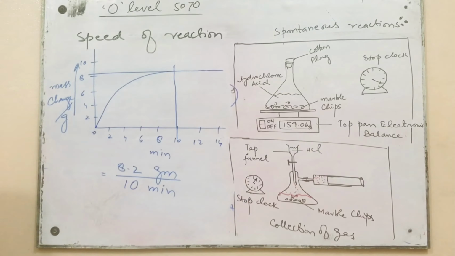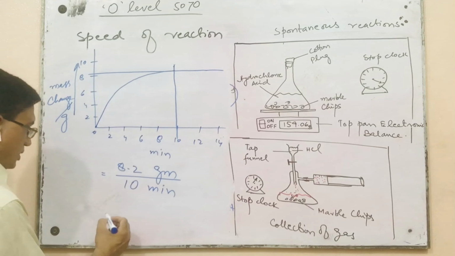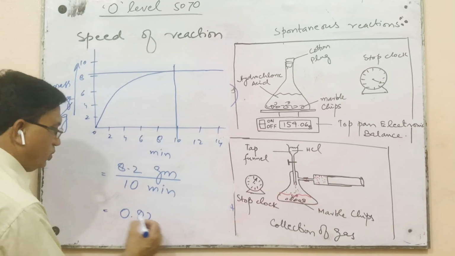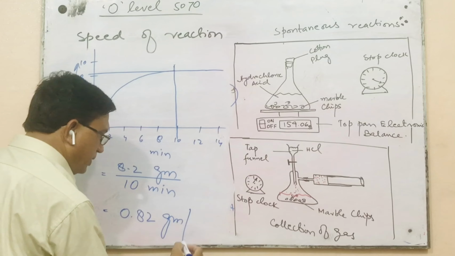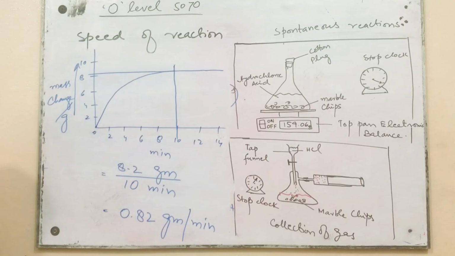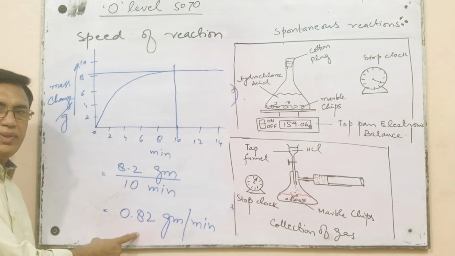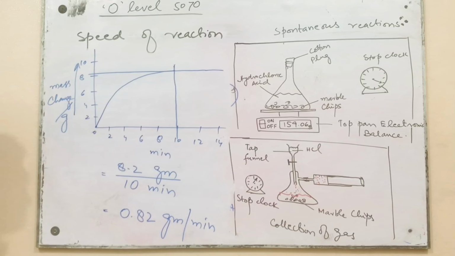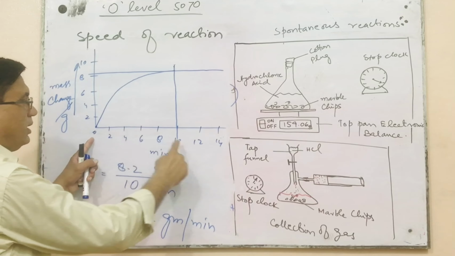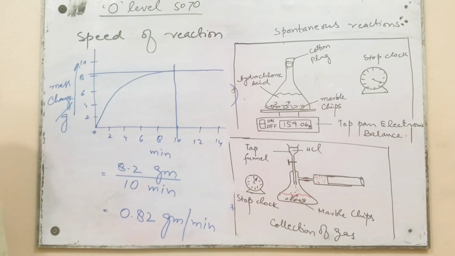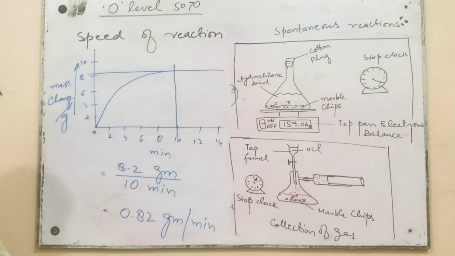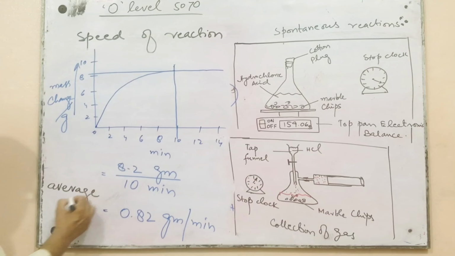Then what will be the rate of reaction? This calculation will indicate the rate of this reaction is 0.82 gram per minute. This is the average rate of reaction because we have taken the total mass change and divided it by the total time taken till the completion of the reaction. As a result, we get the average rate of reaction.